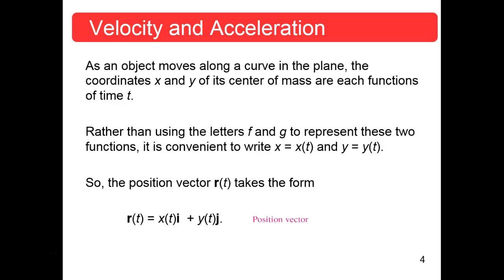As an object moves along a curve in a plane, the coordinates x and y of its center of mass are each functions of time. Okay, I don't know why center of mass showed up here, but it did. Rather than using the letters f and g to represent these two functions, it's convenient to write x equals x of t and y equals y of t.